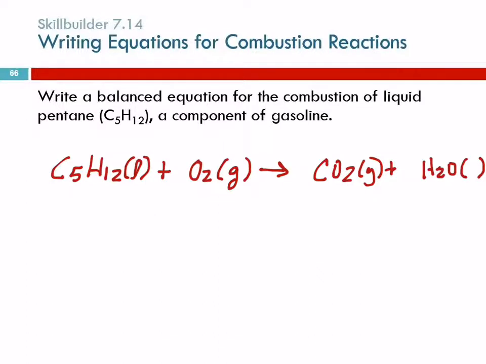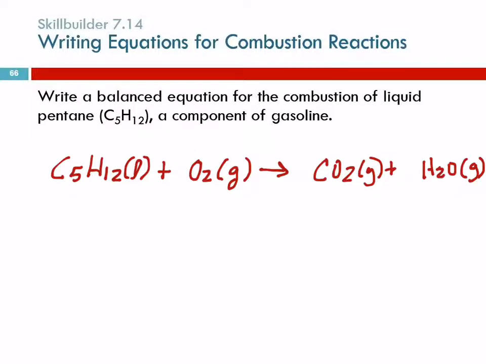Now, you're not going to lose points over something like the state of water, but let's think about this. Combustion reactions are exothermic. Are the products of this reaction going to be hot or cold? They're going to be hot. When you heat water up, it steams, it evaporates, right? So here, water is going to be in the gas state.